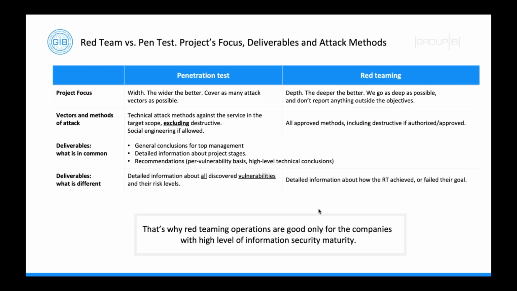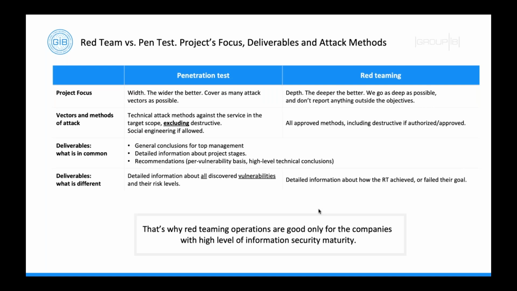Also, detailed information about each project stage, what vulnerabilities were identified, what different holes were identified within the security stack. Both of those will be provided in a final report for penetration testing and red teaming. In terms of additional commonalities, of course, recommendations will be provided for both of these types of services. However, with red teaming, it will be more in line with the project's goals.